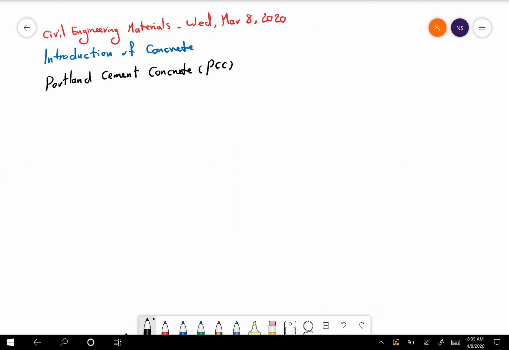And you as engineers will be responsible for the design of the mix of the concrete.